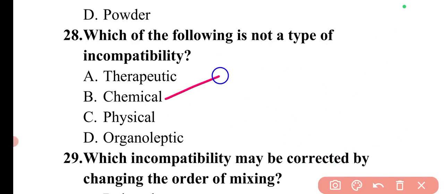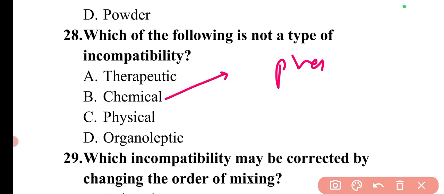Then we can come to the second type of incompatibility, that is chemical incompatibility. So what does chemical incompatibility mean? This means whenever there is a chemical interaction between the ingredients of a prescription, there are different ingredients for making the dosage form.